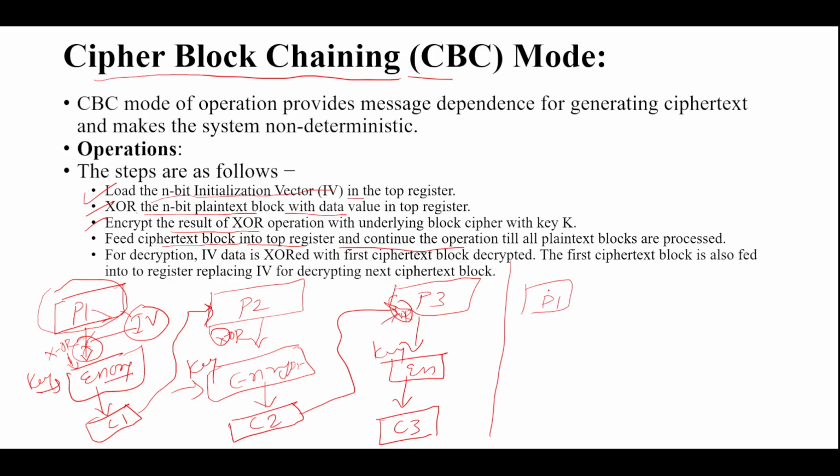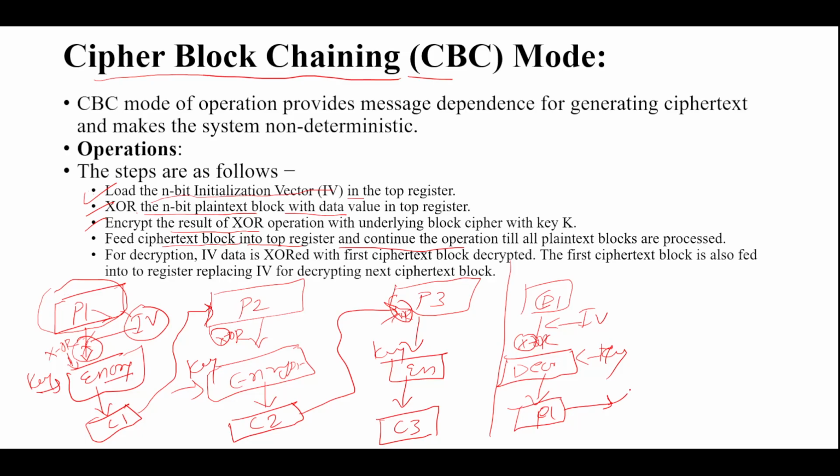C1, then the initialization vector IV, then XOR. The ciphertext and the initialization vector are considered, and then the decryption algorithm is applied along with the key. Very simple, and then we will get P1.